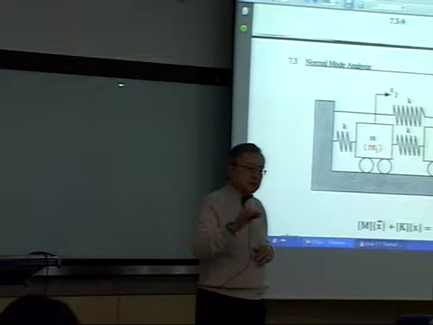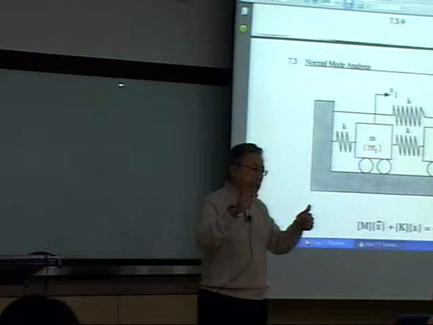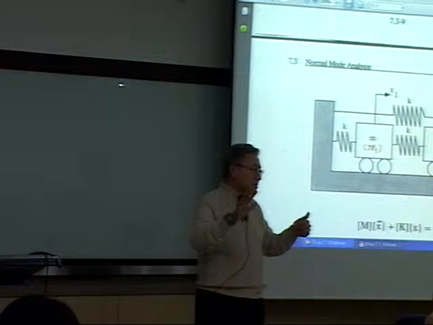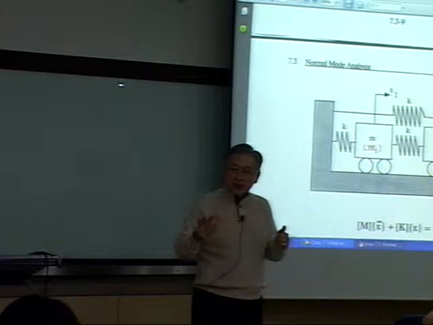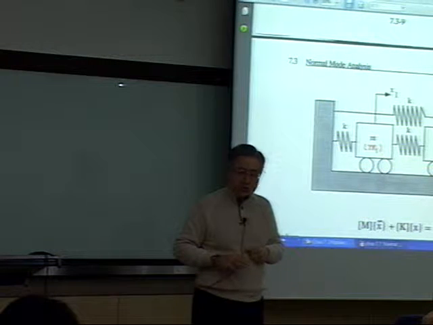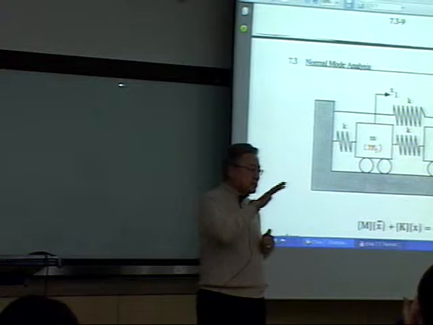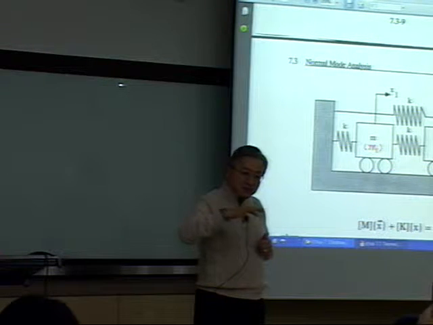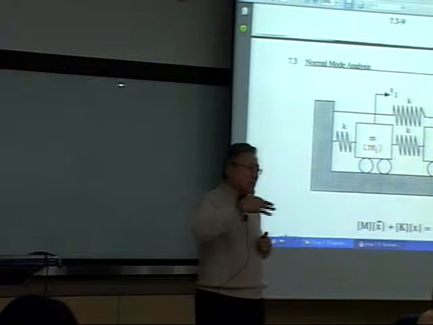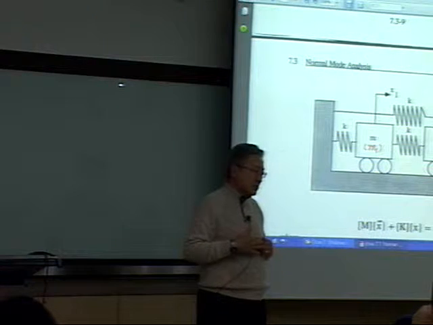How many? 6 coordinates, right? 3 translations and 3 rotations, right? Any point can move in x, y, z direction, and also rotate about the x, y, z directions.